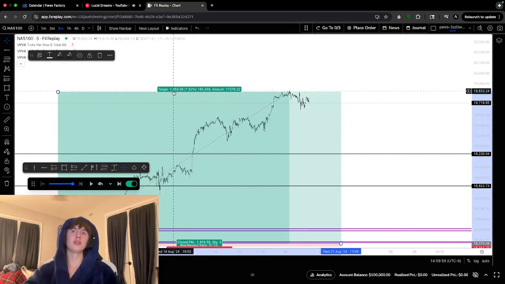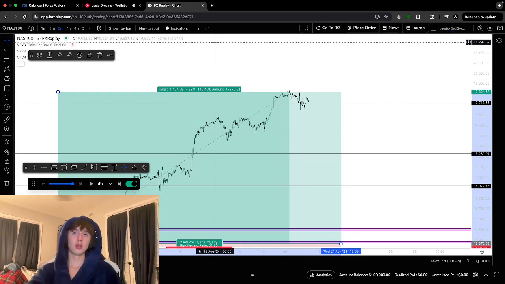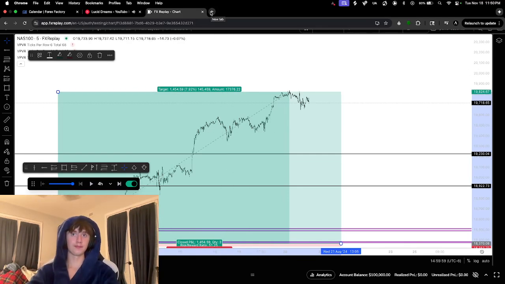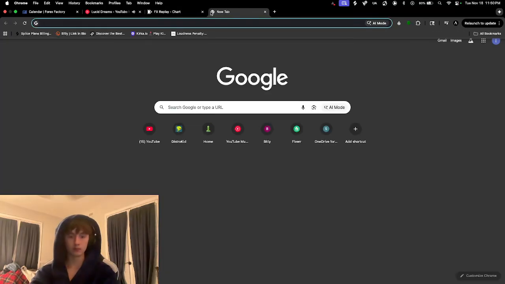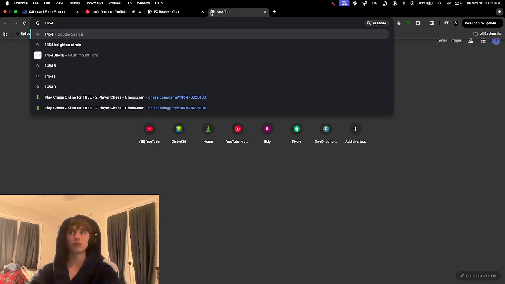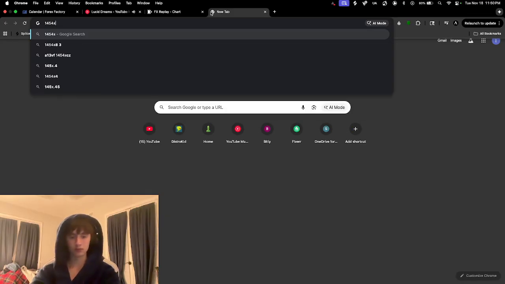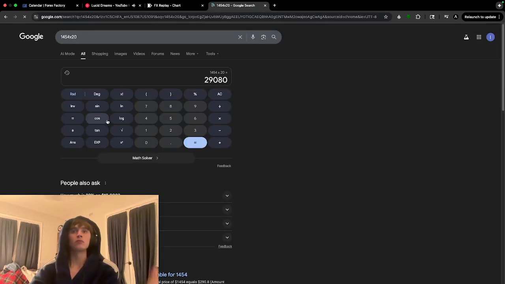Alright, we just hit almost a 1,500 point trade, which is $29,000 on one contract.